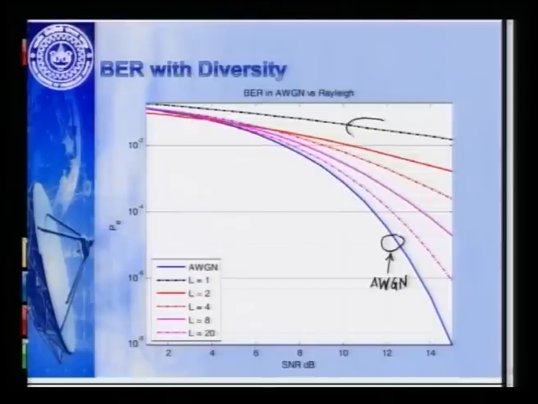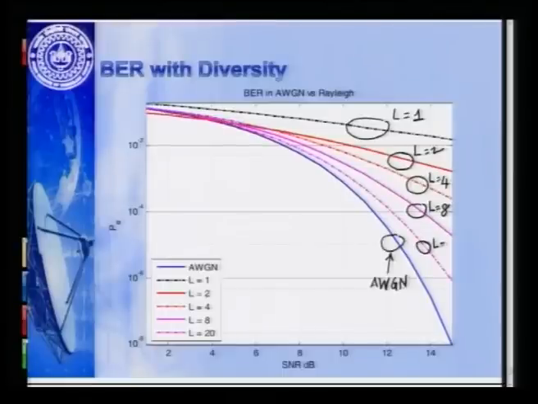This black one here corresponds to L equals 1 receive antenna. This red one corresponds to L equals 2. The red dotted one corresponds to L equals 4. The magenta is L equals 8 and the magenta dotted is L equals 20.